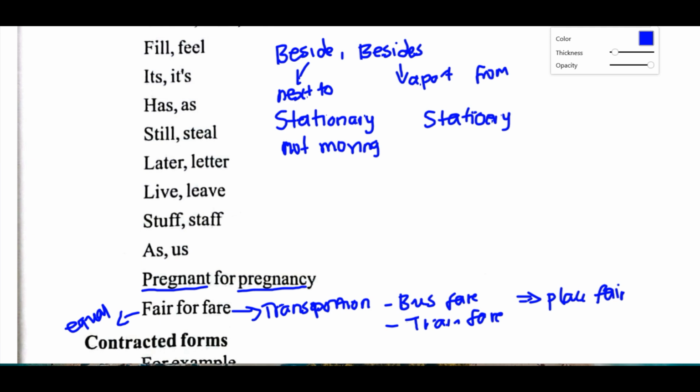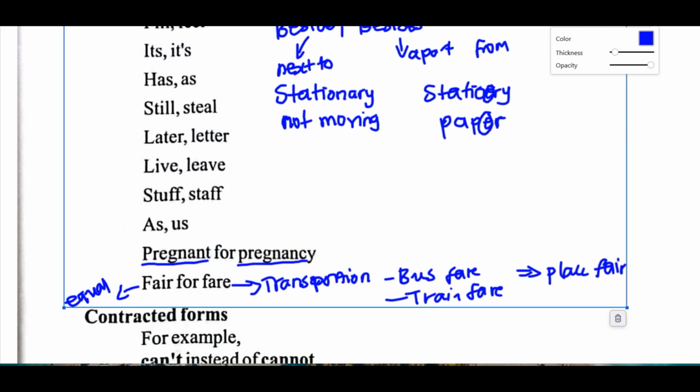Then this one, we are looking at office materials such as paper. What helps me to remember is, you look at stationery, here we have the letter E. Then in paper we also have the letter E. So you can use this to identify. There are so many. You can search for more.